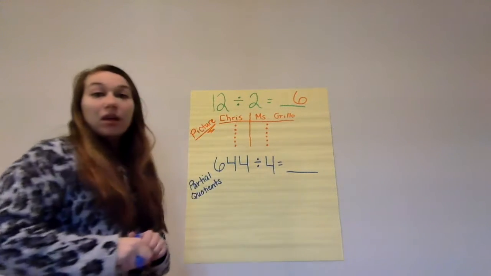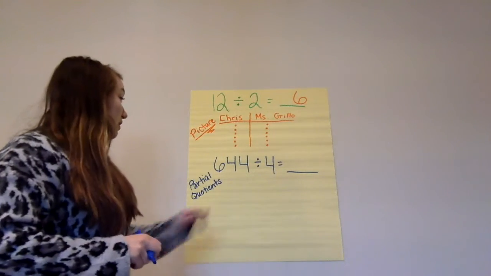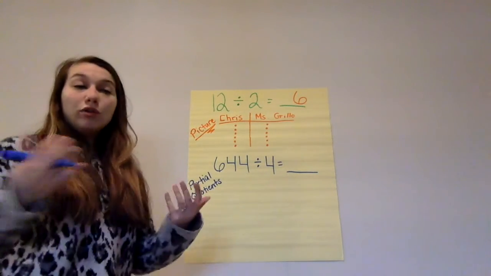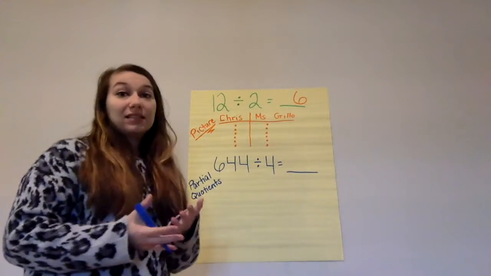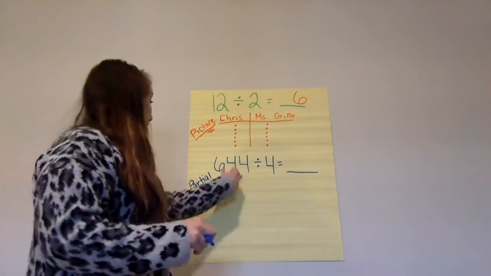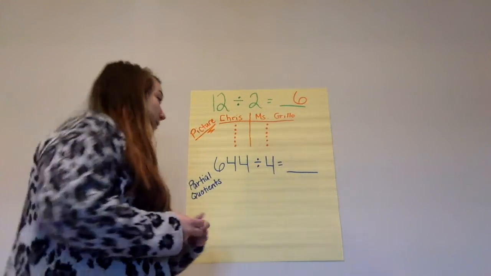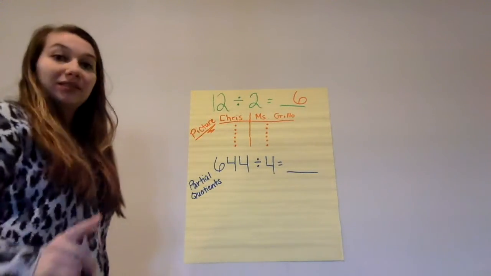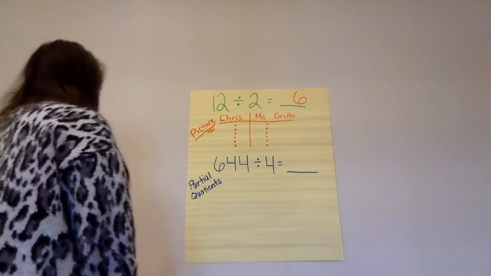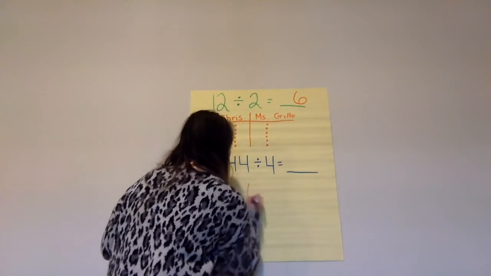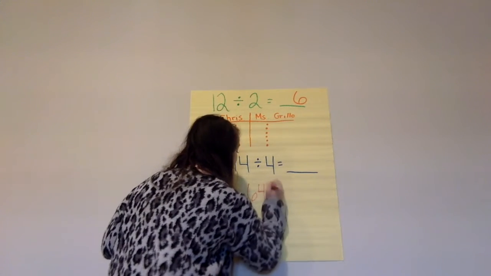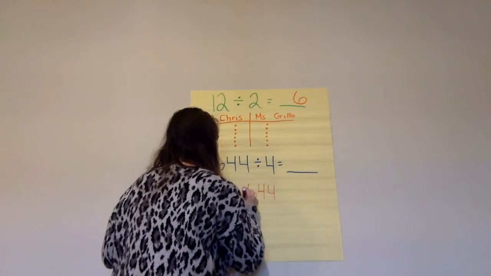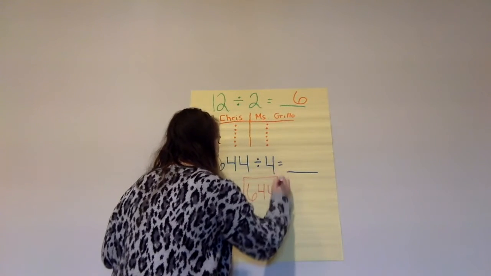All right, so when you are doing partial quotients, you take your whole number, so in this case, the amount of cookies I have, so 644, and you put it under the house, okay? So we have 644, and we put it under our house.